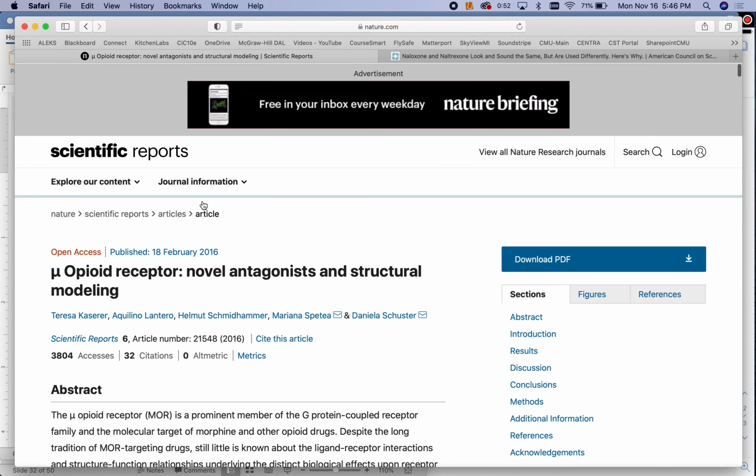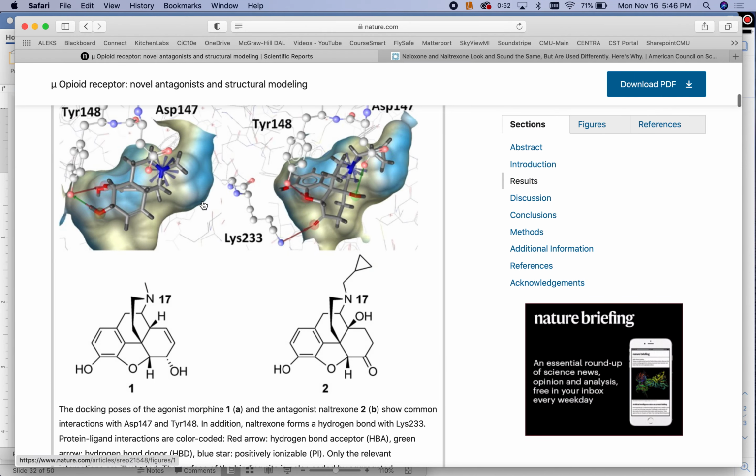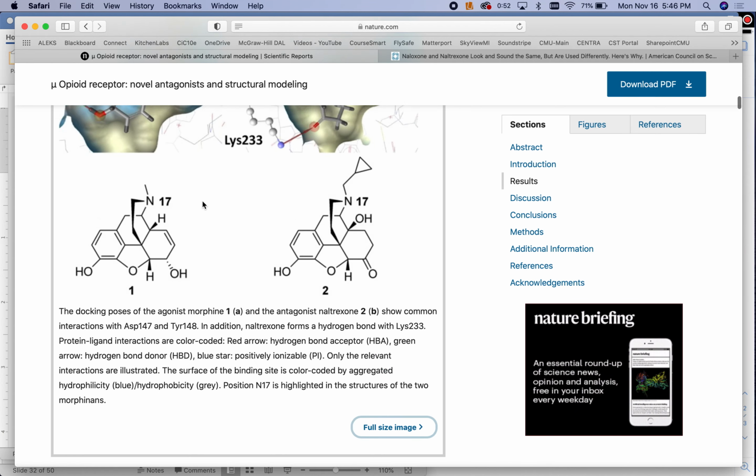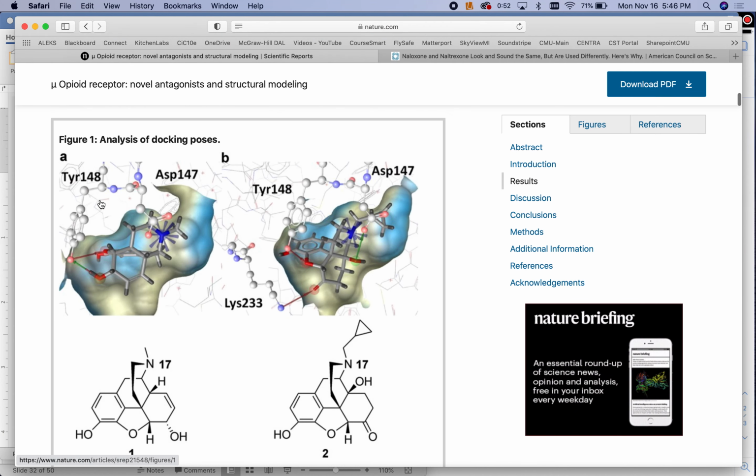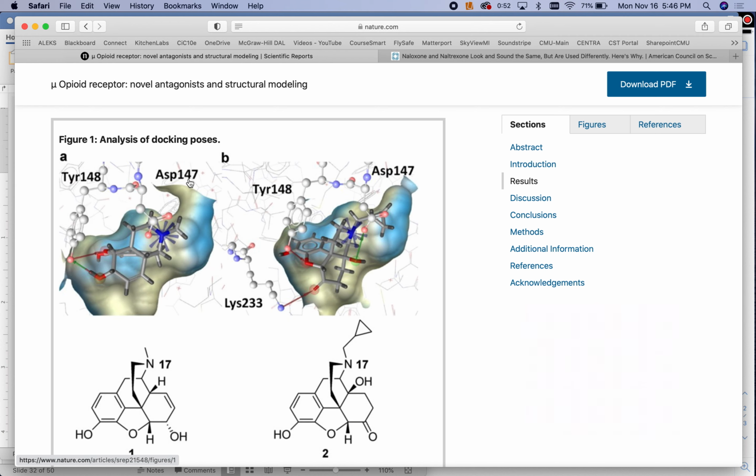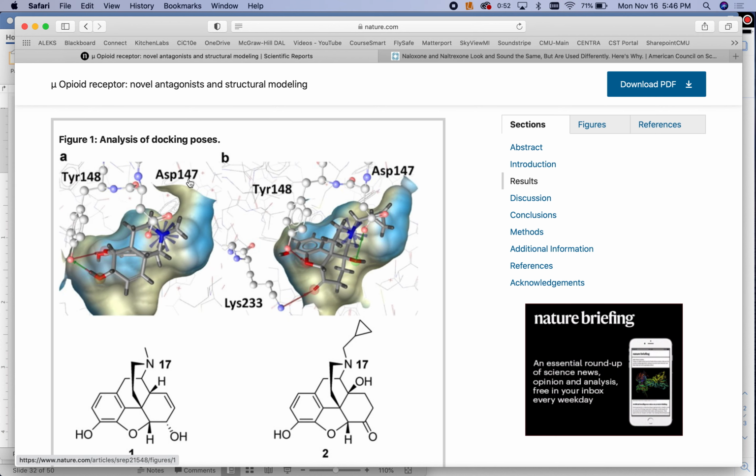In this paper you can see in the background all of these protein structures, a folded structure that doesn't look that different from DNA, kind of a helical structure. And then you've got this binding site, this mu opioid receptor site, which is shown here.